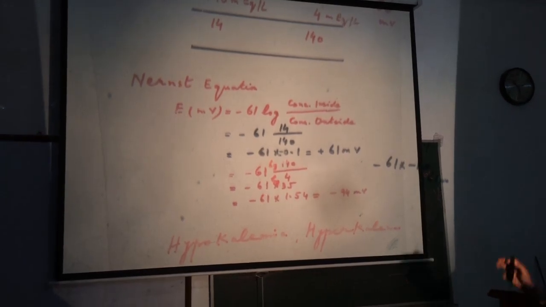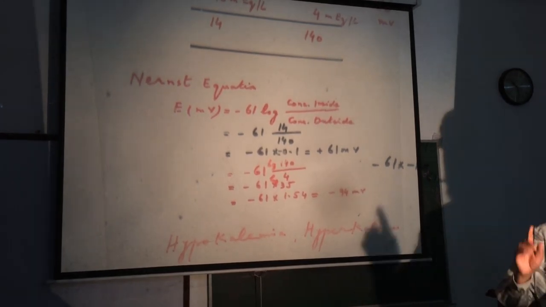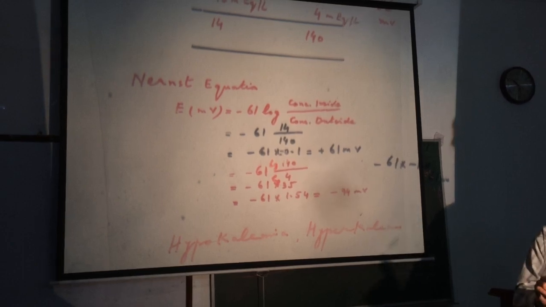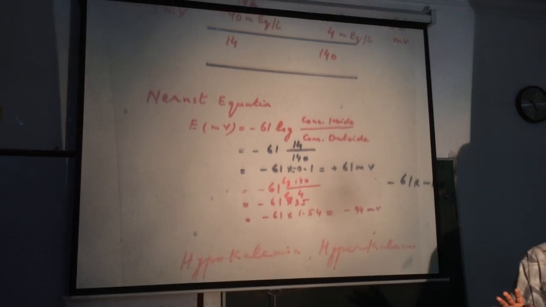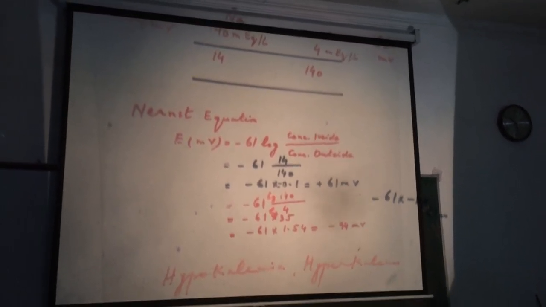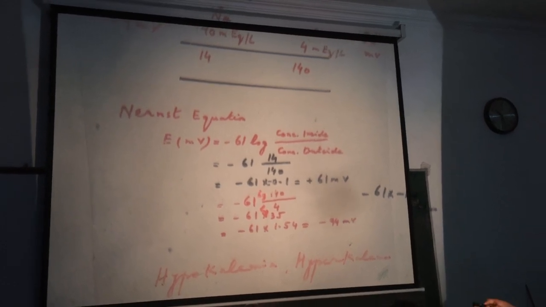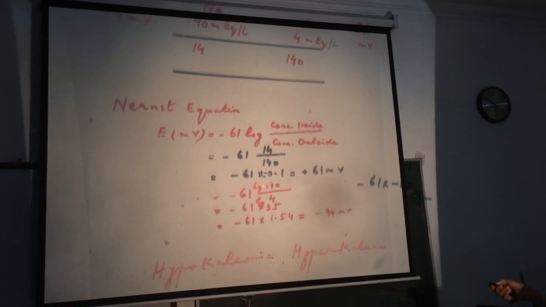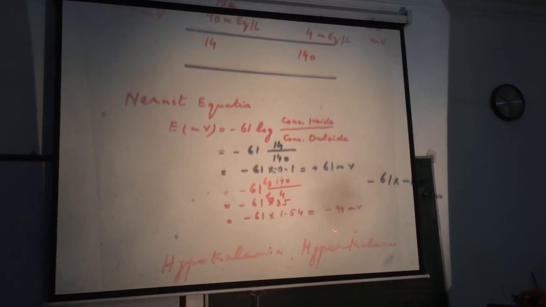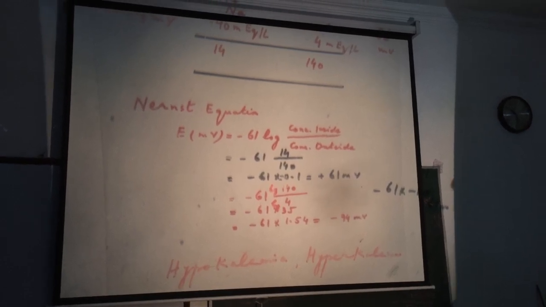So this assumption is true: the resting membrane potential is due to outward potassium diffusion, and the cell membrane at rest is highly permeable to potassium. By the Nernst equation, we have proved that outward potassium diffusion is the major factor involved in the resting membrane potential.